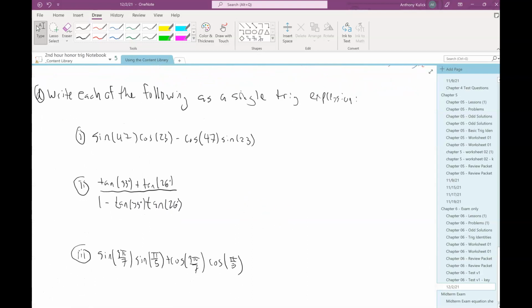The easier type of problem, even than those, which are not too terrible, are these ones where we just want to rewrite as a single trig expression.